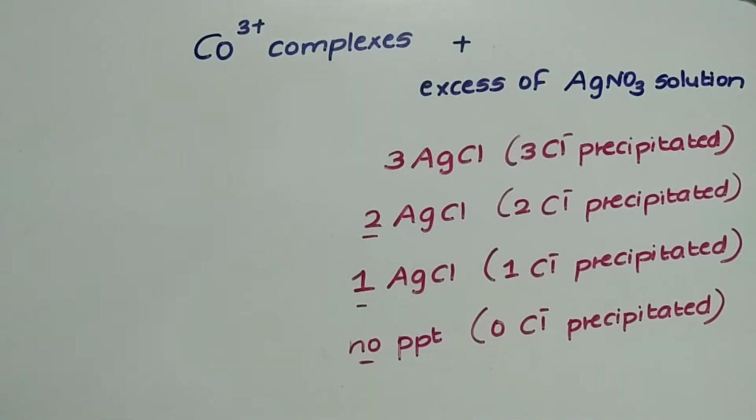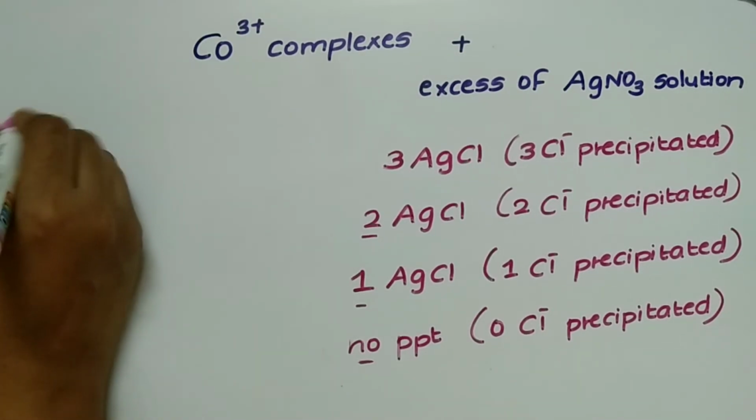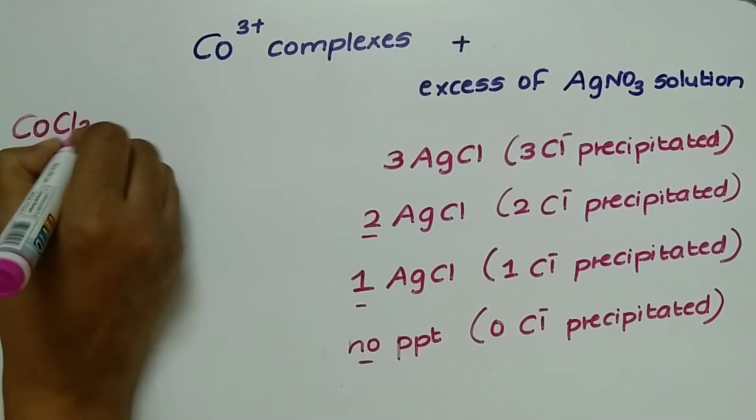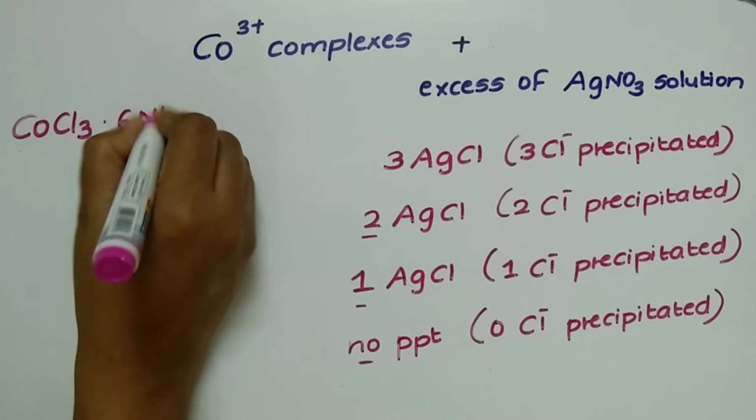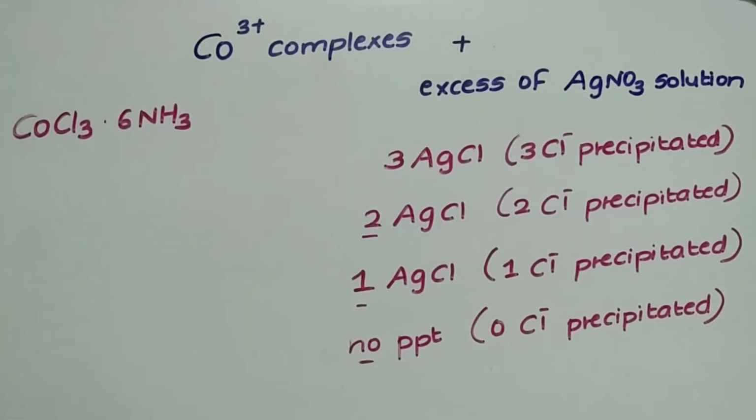In the first case 3 AgCl, that is 3 chloride ions were precipitated. So what was the formula that we wrote? CoCl3, 6NH3, that was the first cobalt complex he took. At that time 3 AgCl was precipitated, 3 chloride ions.